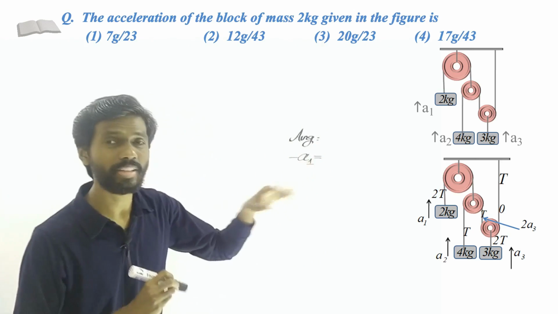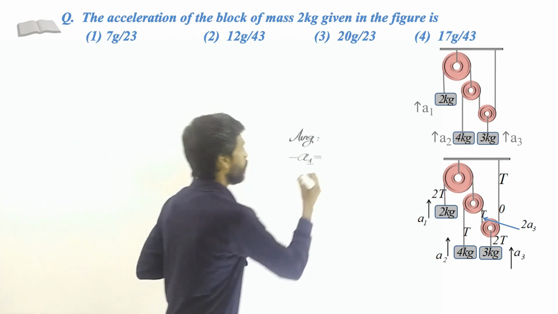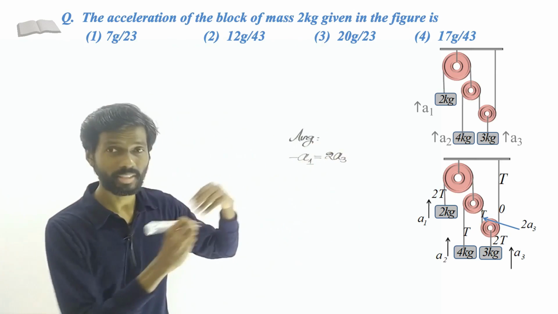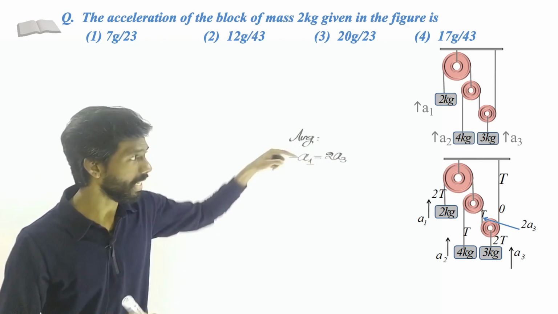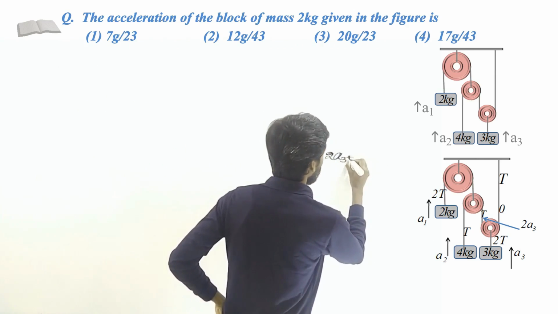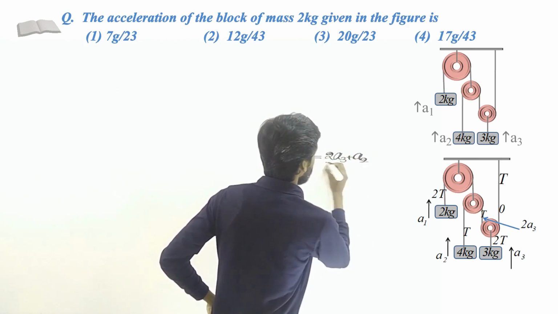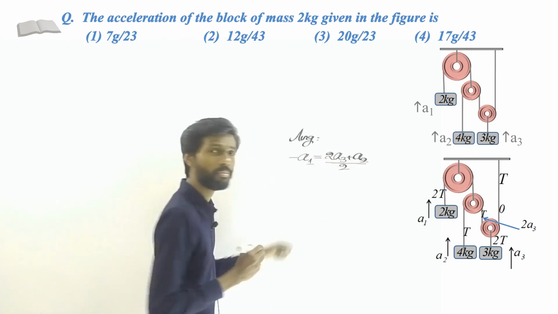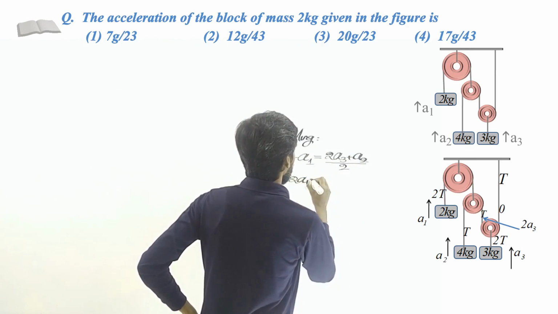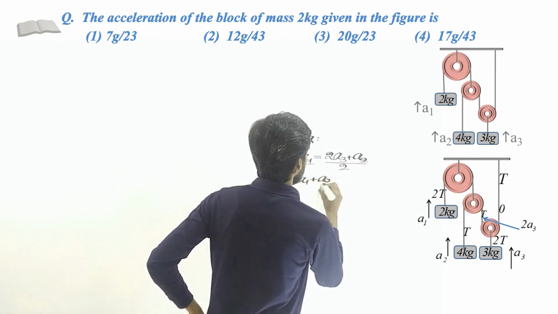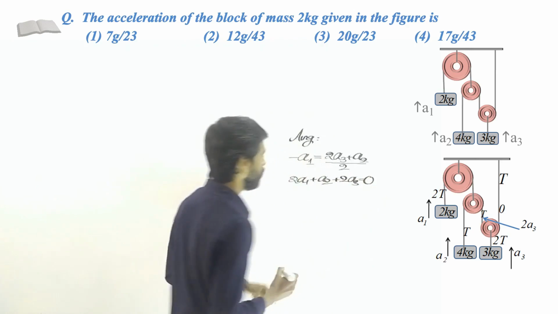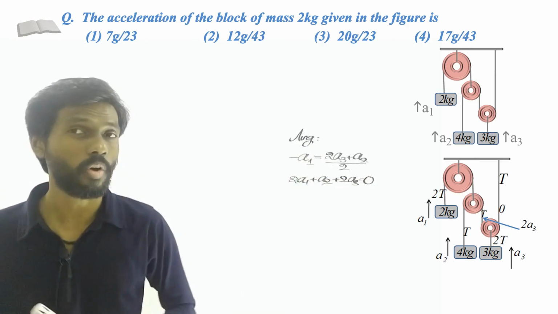The string on the right has acceleration 2a3, and the string on the left, which is connected to the 4 kg block, has acceleration a2, so plus a2, divided by 2. That is the relation between the accelerations: 2a1 plus a2 plus 2a3 equals 0. So this is the relation between the accelerations of all the 3 blocks.